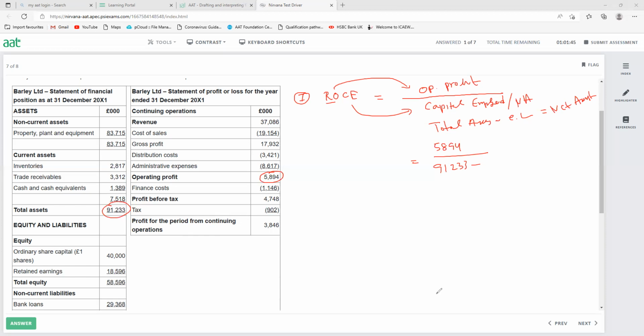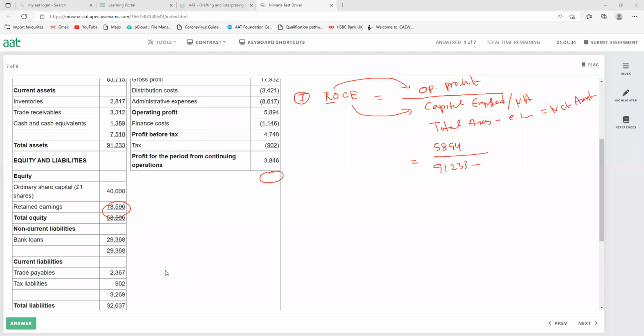So let's quickly look at how much the current liabilities are. So we have a current liability here that is 32 and 69, so 3269. And we have to multiply by 100 because we're looking for the percentage. So let's do that.